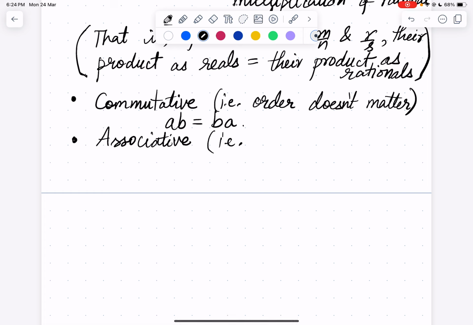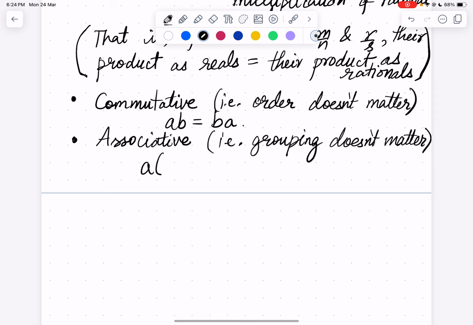That is, grouping doesn't matter. So for any 3 points A, B, C, A times B times C grouped together is A times B grouped together times C. So multiplication is associative.